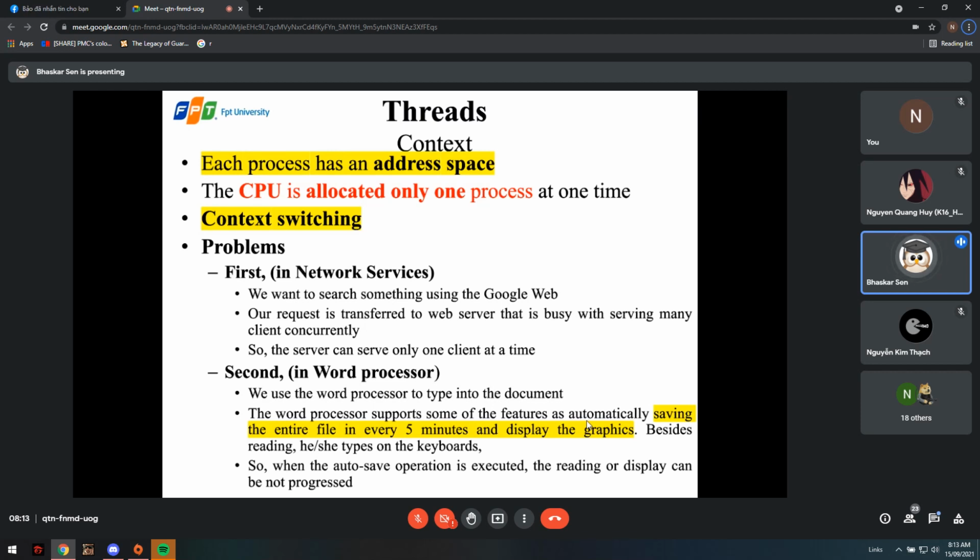Now, the issue that we address here is the reason that we had to think about multi-threading. But remember, multi-threading is optional. It's entirely up to the programmer or the developer to decide whether they want to implement it or not. They don't necessarily have to.